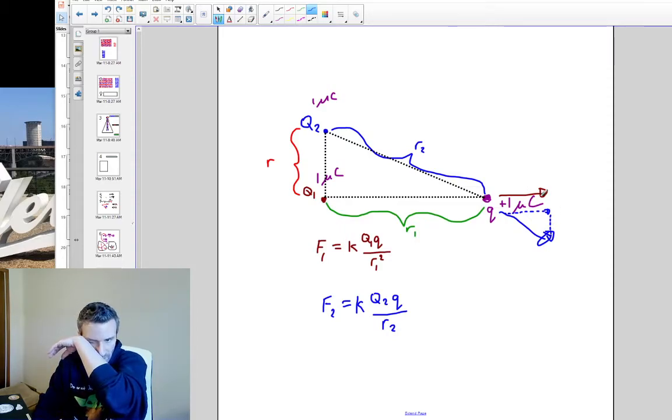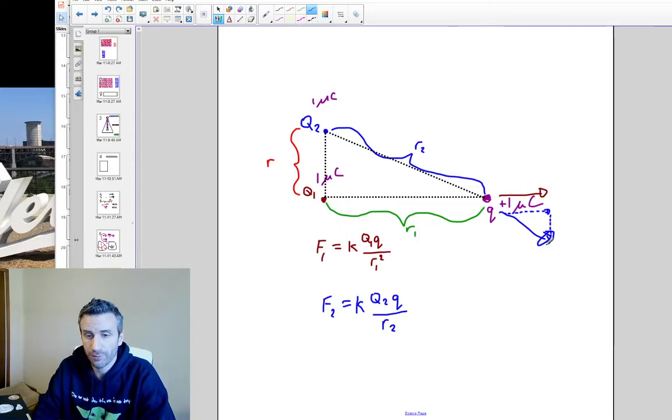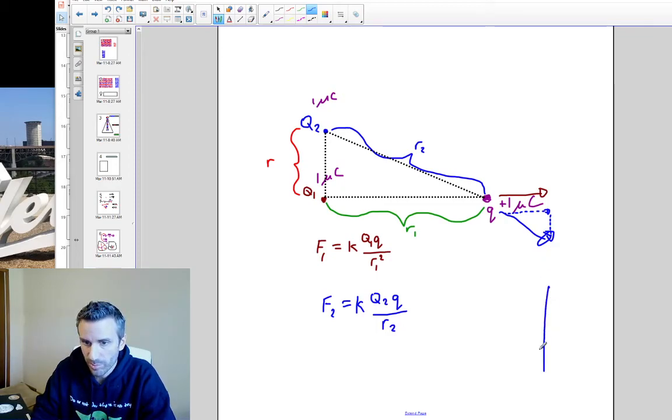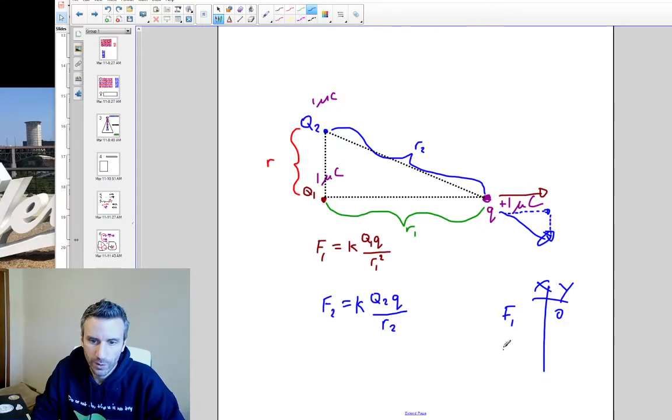So you're going to have to add up the x's, add up the y's, and then find the hypotenuse of the resultant. Remember how to do that? You have the force from object 1 in the x direction. That would be whatever this value here is. In the y direction, it would be 0, because there is no vertical part to this force from charge 1. For the second one, it has a positive x value, and then it has some sort of negative y value because it's going down.